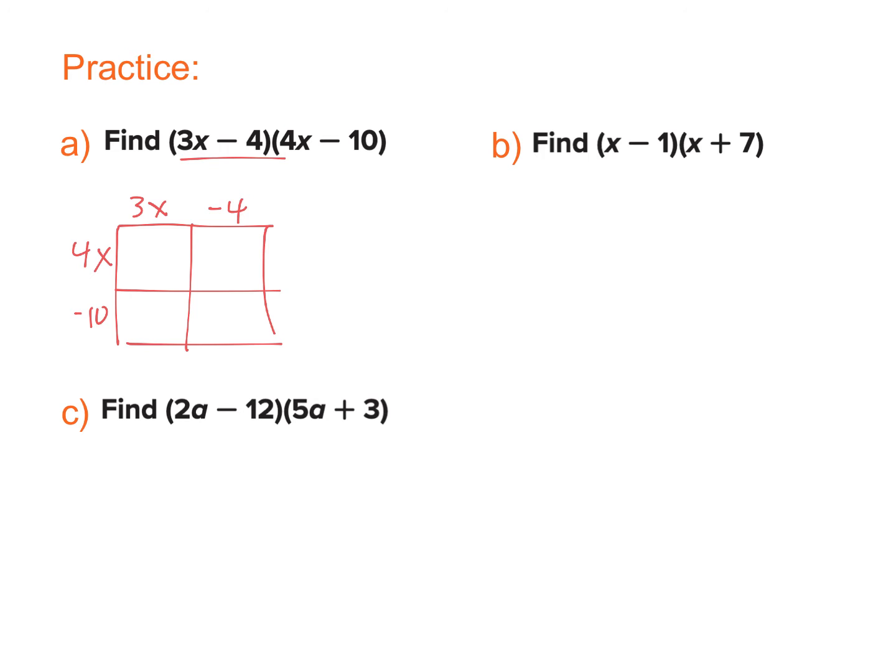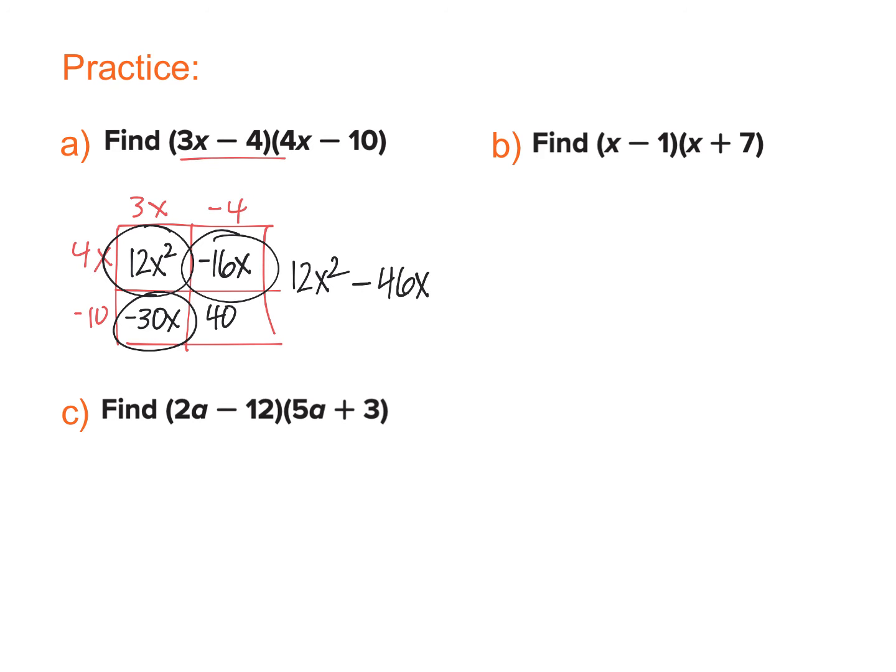So I could say, okay, 3 times 4, that's 12x squared. 4 times that, negative 16x. Here I get negative 30x and 40. Okay, and then you just have to combine it. And it shows, okay, 12x squared. I've got negative 30 and negative 16, which is negative 46x, and a positive 40. And I just multiplied these two binomials out.